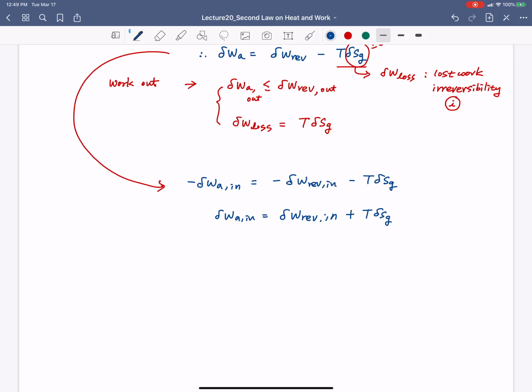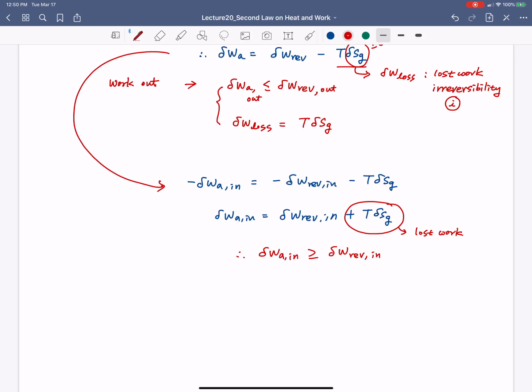So now the amount of work that we need, in case the work is transferred into your system, should always be greater than the amount of reversible work transferred into your system. The difference between them is T delta SG. Still, we call that lost work, but here you can interpret it as the additional work that we have to put into the system when the system needs work done by the surroundings.